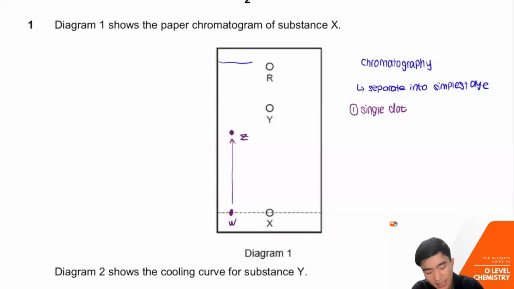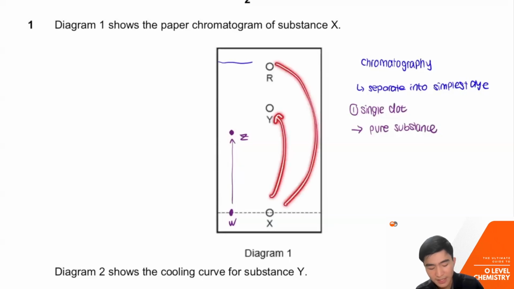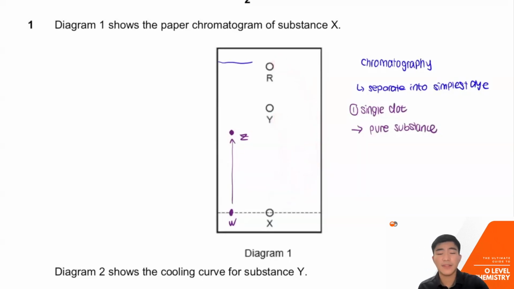If there's only one single dot, you can safely conclude that this is a pure substance. Whilst if there are many different dyes, you can say that it's impure, because it splits into 2 different dyes, which means it is a mixture of different dyes, different compounds.